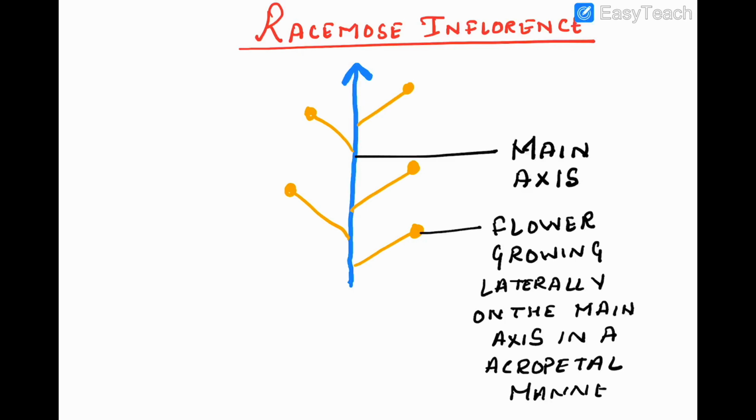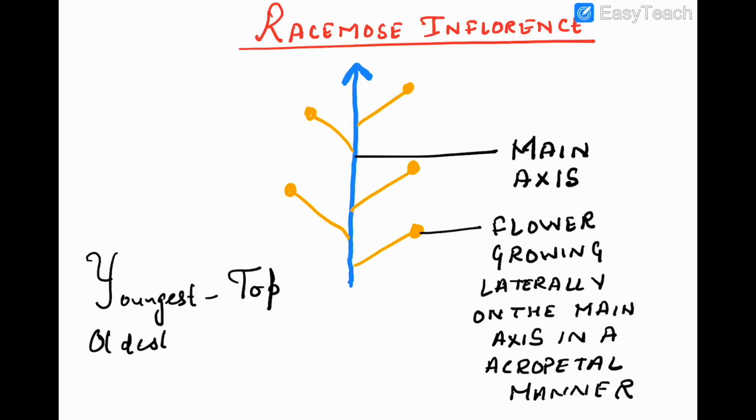Acropetal manner means the youngest flower would be at the top and the oldest flower would be at the bottom. This is racemose inflorescence.